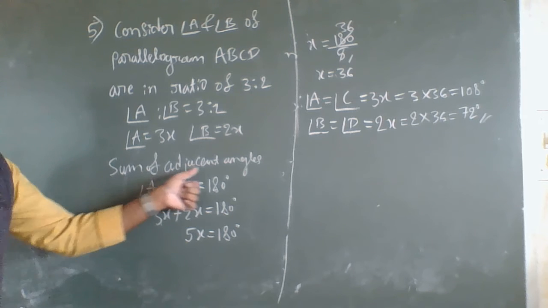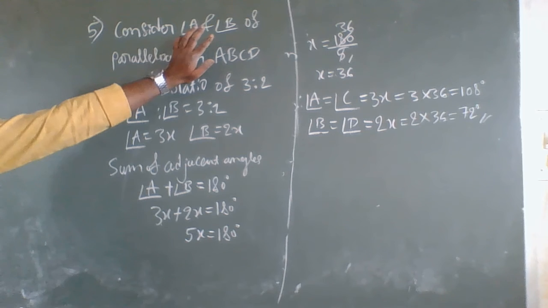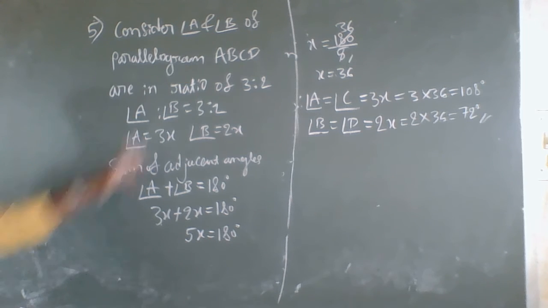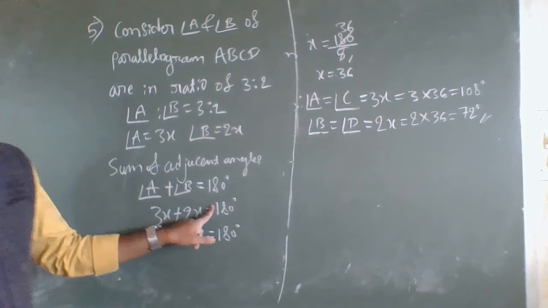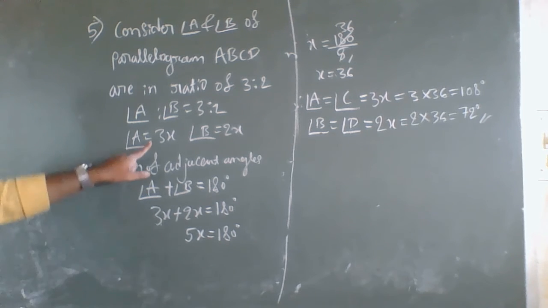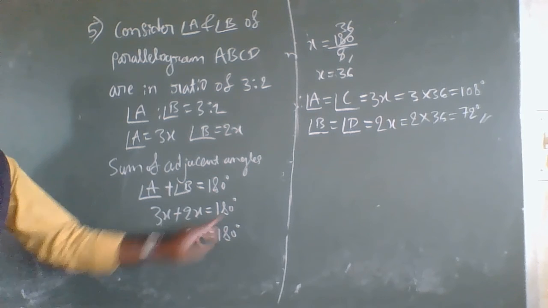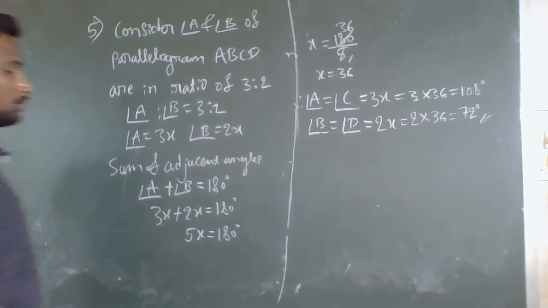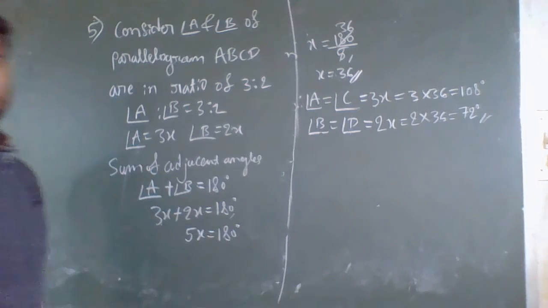According to the sum of adjacent angles, we all know the sum of adjacent angles in a parallelogram is always 180 degrees. Therefore angle A plus B is equal to 180 degrees, so 3x plus 2x is equal to 180 degrees. By using these values, we calculated the x value, which is 36.